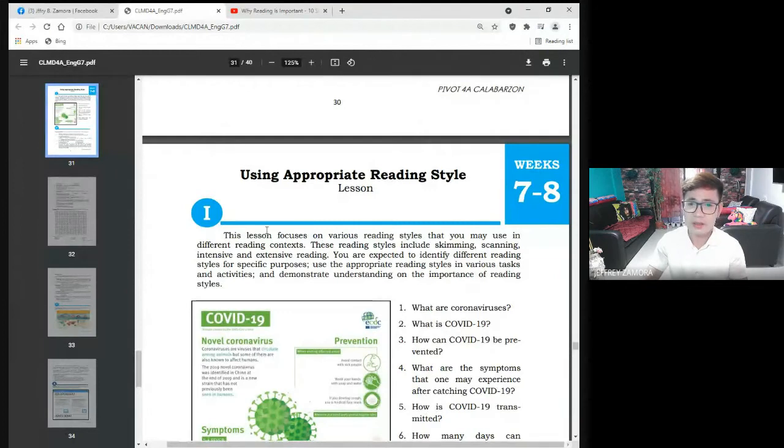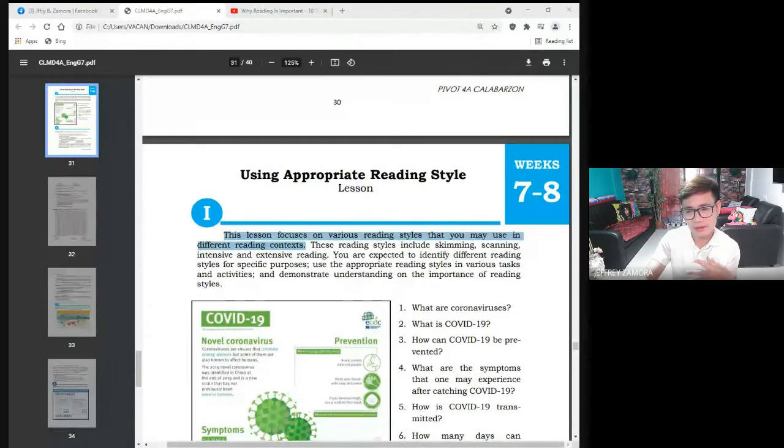So here, in this lesson, focus on the various reading styles that you have to use in different reading text. Sometimes in reading, you don't have to read the whole text. Clear? Why? If it is only important, what is the important? What is my question, for example, who are the main characters? Do you have to locate only who is the main character?